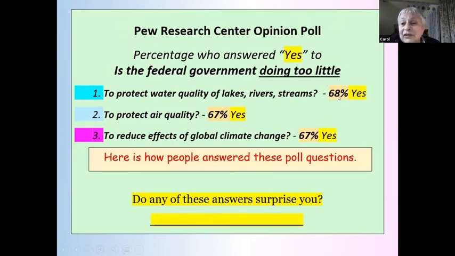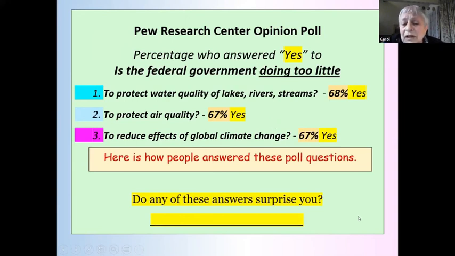68% in 2019 said, yes, I think the federal government is doing too little to protect the water quality. Or 67% said, well, maybe it's doing too little to protect air quality. Or even 67% said maybe it should be doing more to reduce the effects of global climate change.